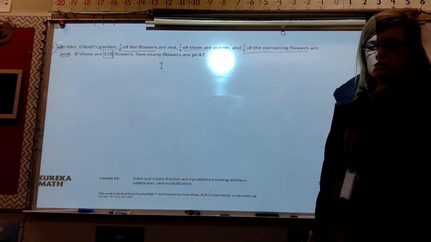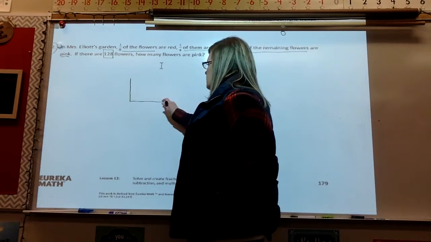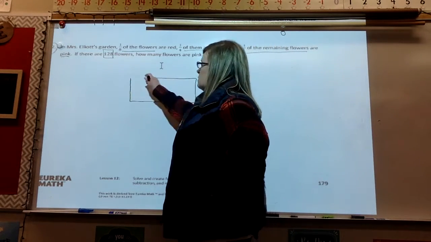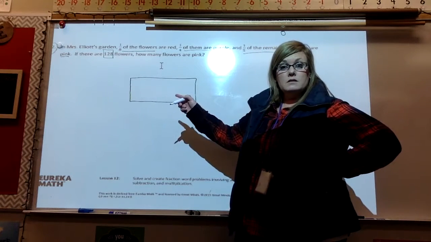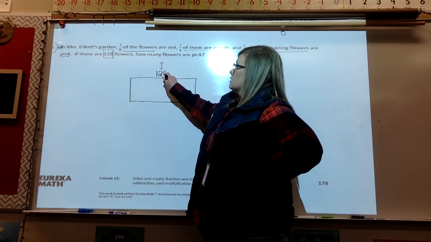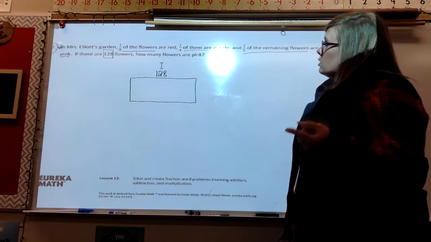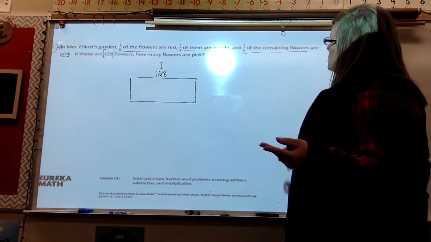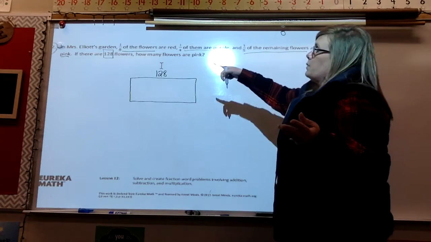So, step 1, draw our tape diagram. We boxed in our total. It said that there are 128 total flowers. And we know that there are red flowers, purple flowers, and remaining flowers, and 1/5 of them are pink.